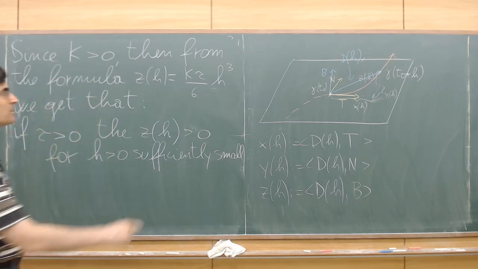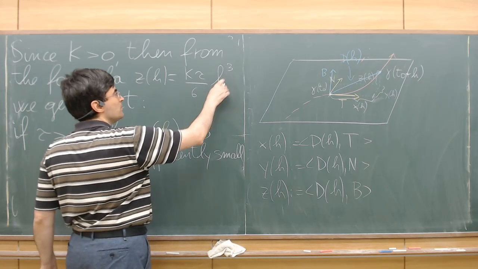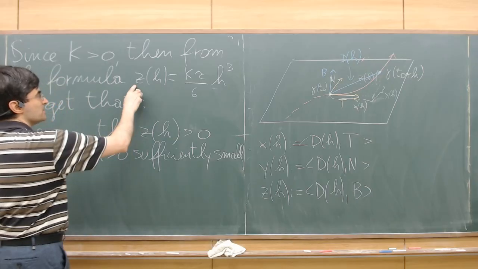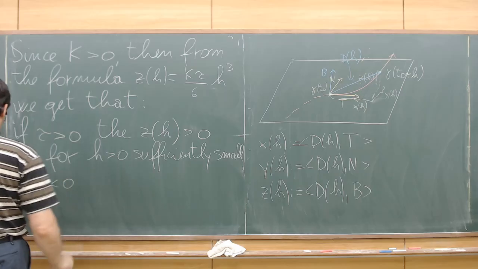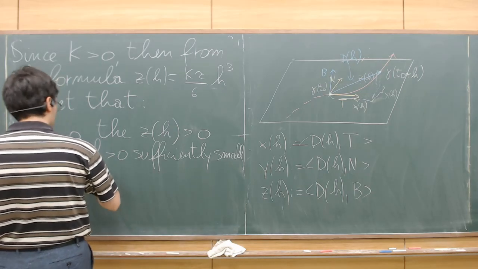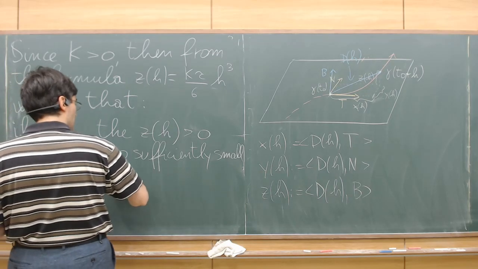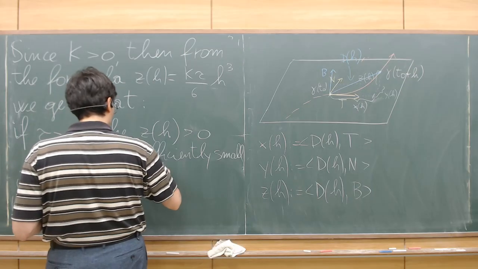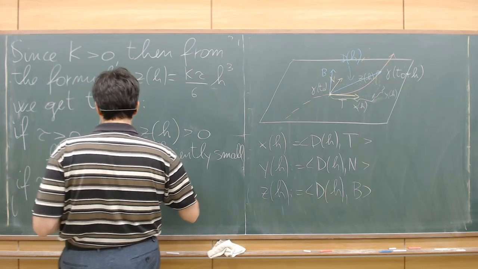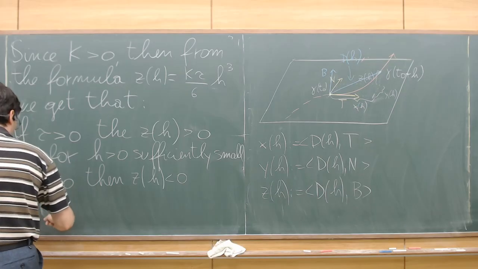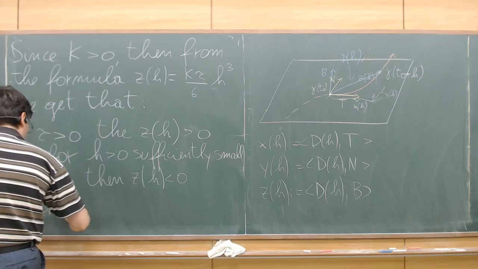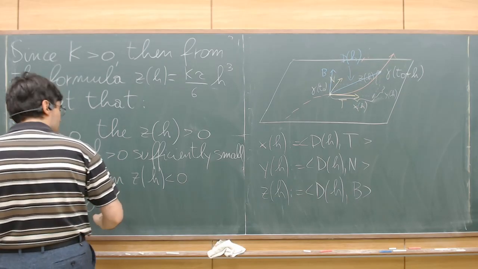Why? Because if h is positive, we have h cubed, and this is a positive function. If tau is negative, then z of h is negative for h positive sufficiently small.